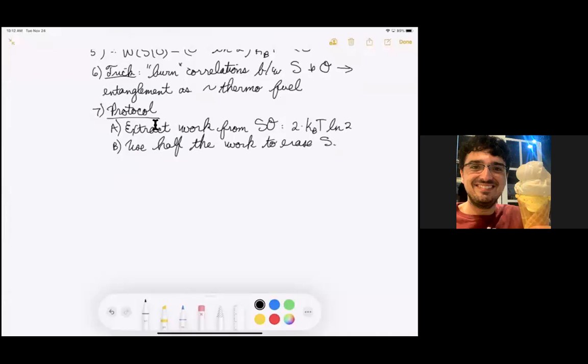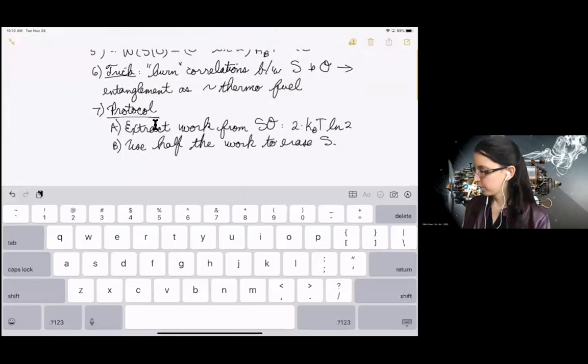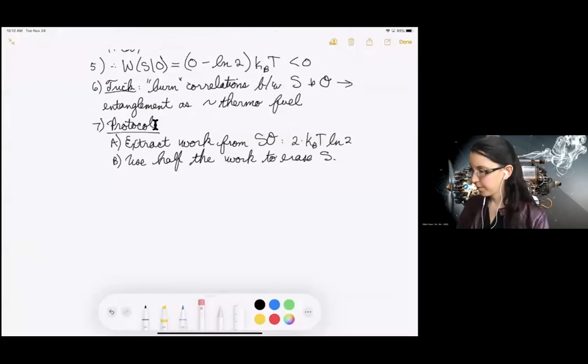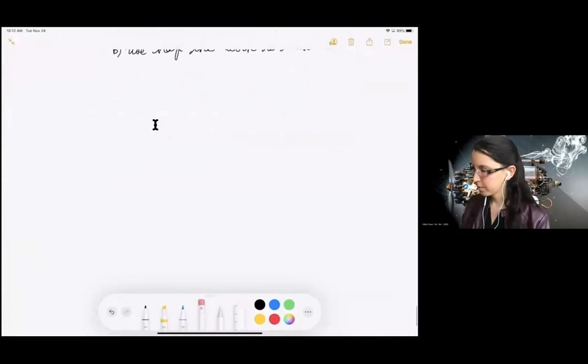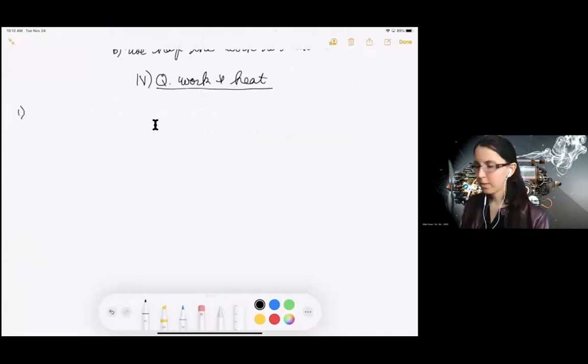Okay, and let's move to talking about work and heat in quantum thermodynamics. First of all, why is this topic even worth a section in our mini course?